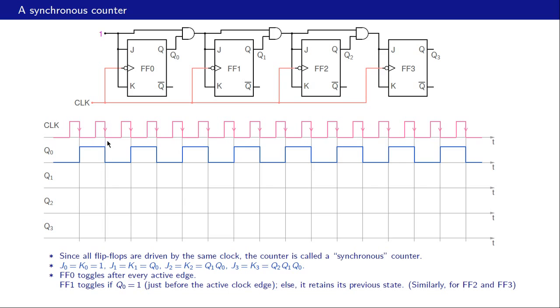Now when this active edge arrives, we look at Q0 just before that active edge, and we find that it is 1. So Q1 is going to toggle at this point. When the next active edge arrives, we look at Q0 just before that, we find that it is 0. So no change in Q1 at this point, and so on. In this way we can figure out what's going to happen to Q1, and this is the result.